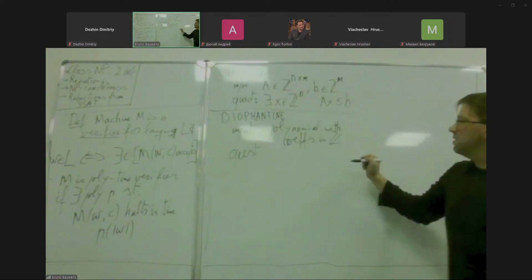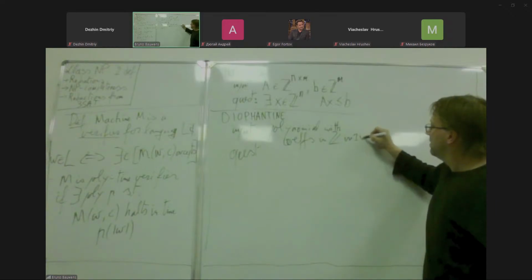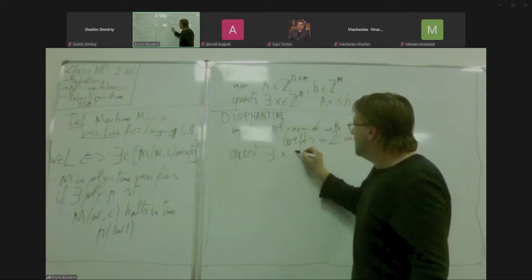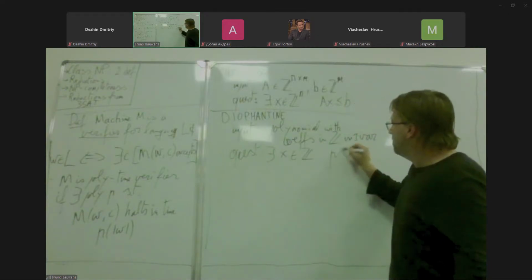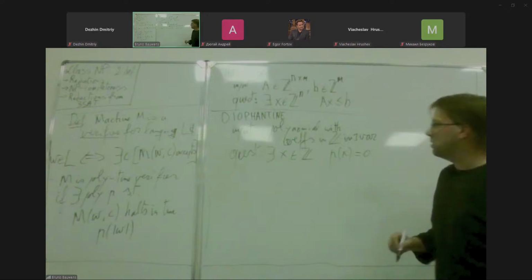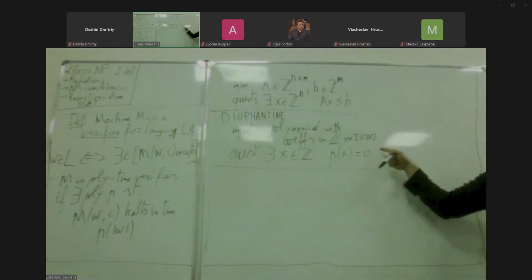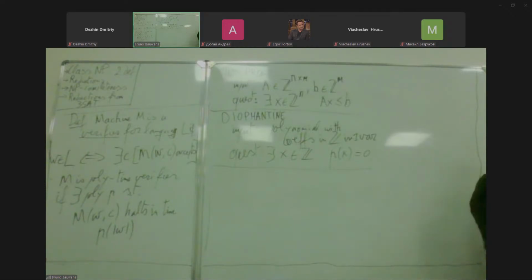Yeah, sorry. Question: does there exist x in Z so that P of x is equal to 0? We know that this problem is not in NP. You might say the verifier just checks the polynomial, but there exist polynomials for which the only solutions are huge.